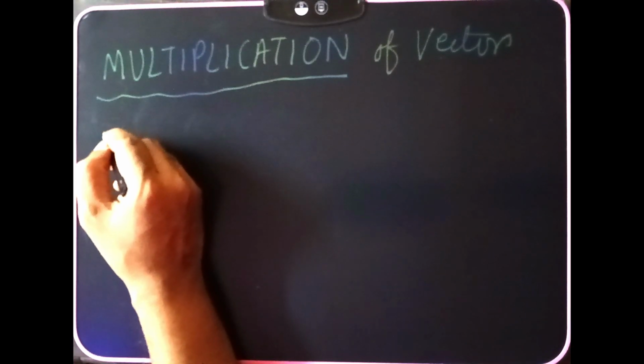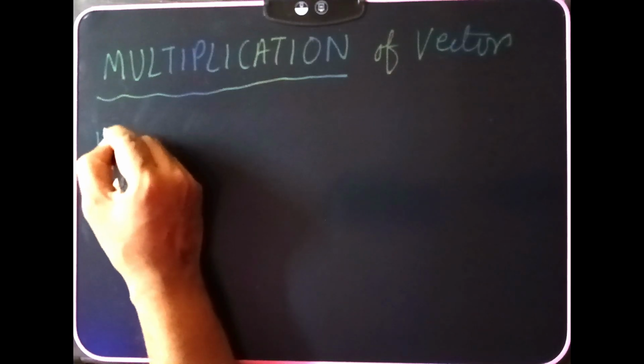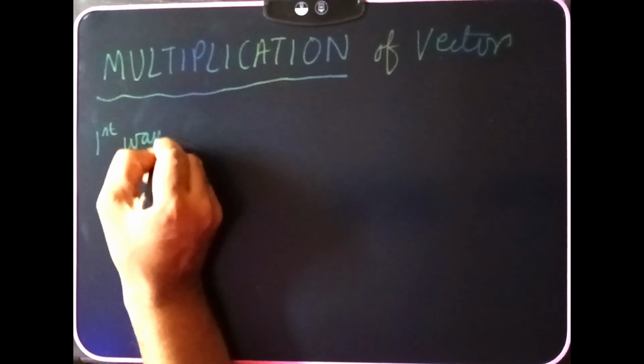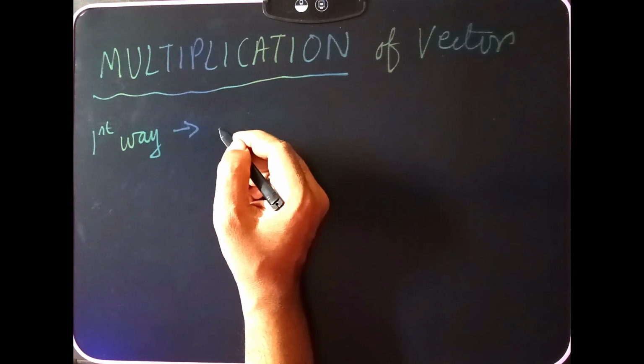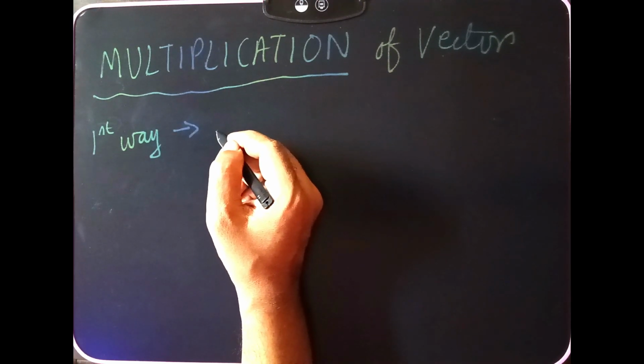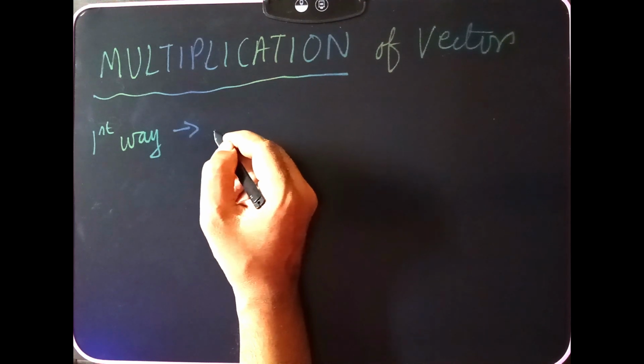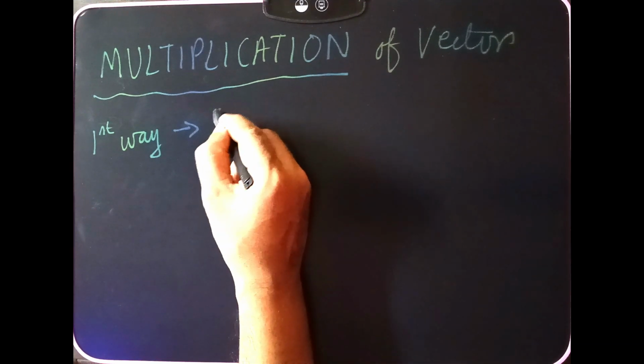So we can multiply in two ways. First way is the scalar product. So you get a scalar result.